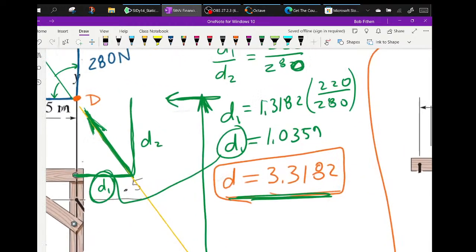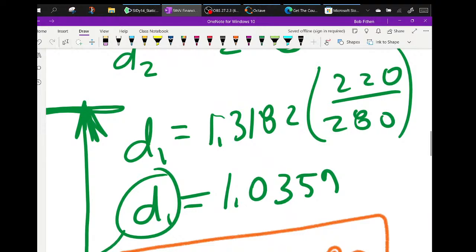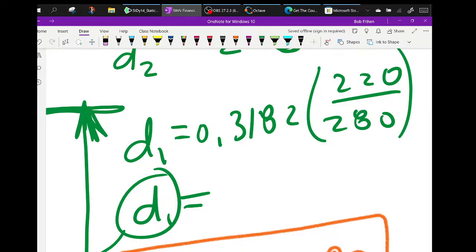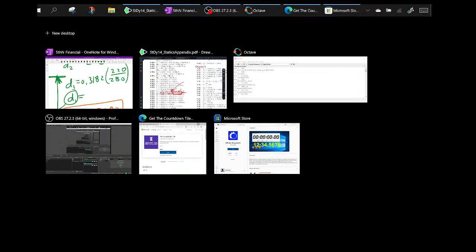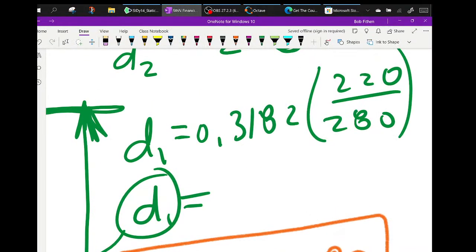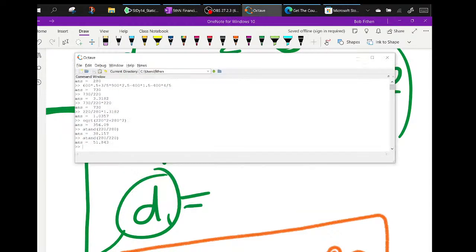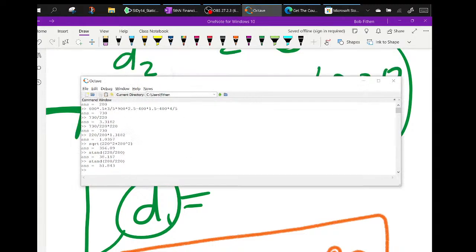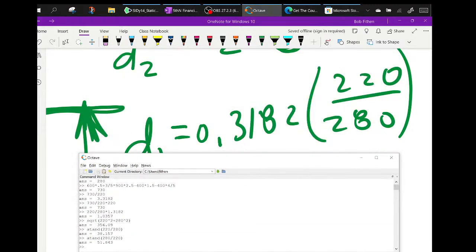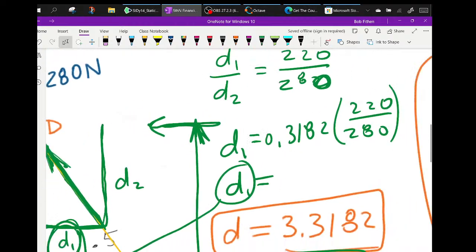This means that this ratio is this, which definitely changes that value to something besides the value I've got. And I don't have that listed, so I'm going to say 0.3182 times 220 divided by 280, 0.25 exactly.